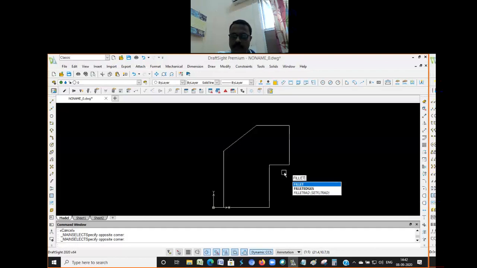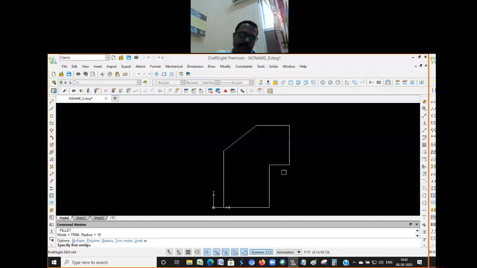If you type fillet and then enter, it says specify radius. Can you see it? Radius. Okay, so type R for radius. So by default, how much is the radius here?